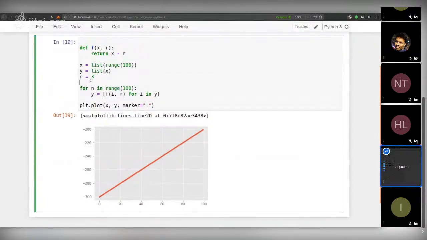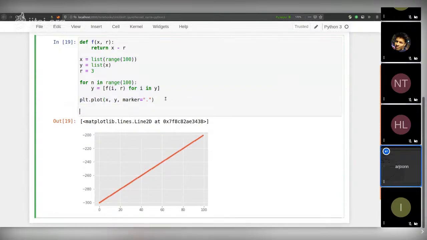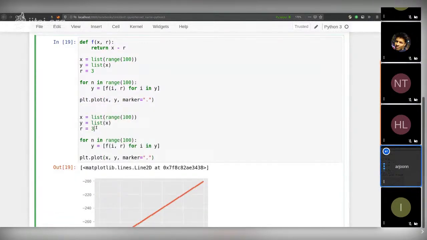So if we plot, let's just copy this entire thing and plot it for r equals 4 also.